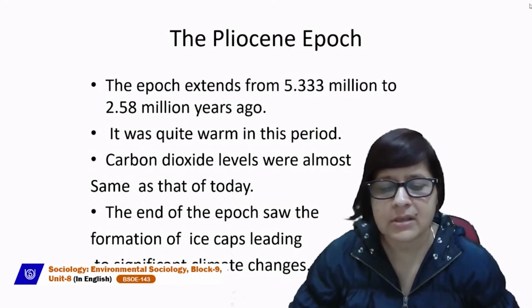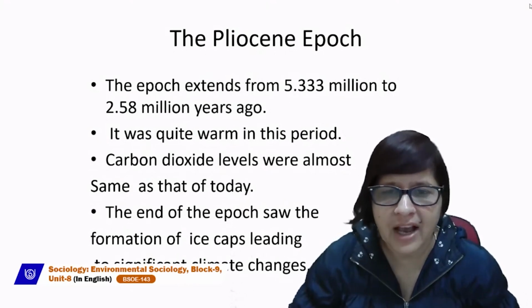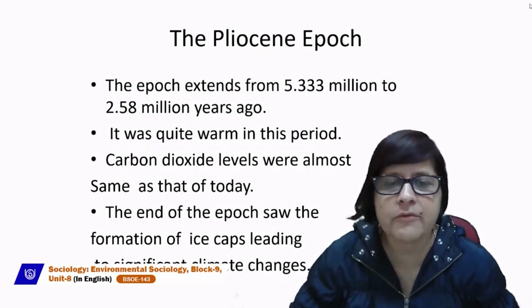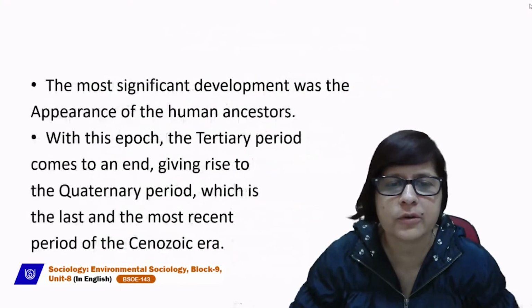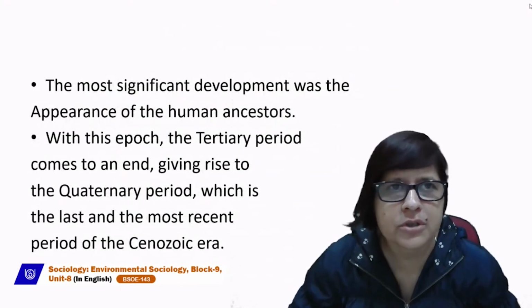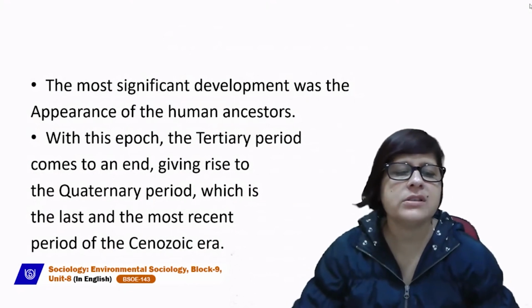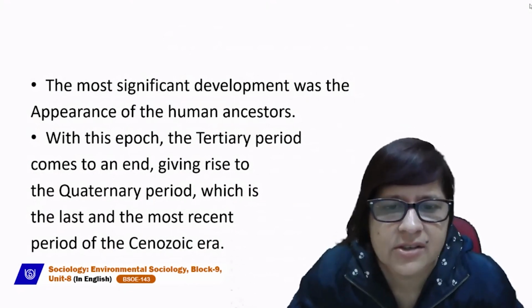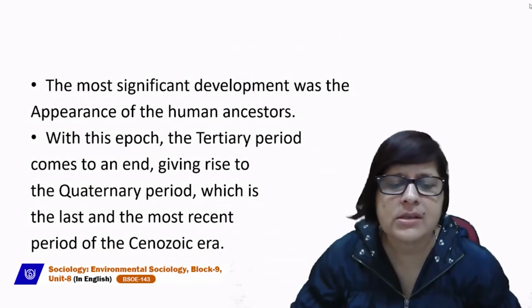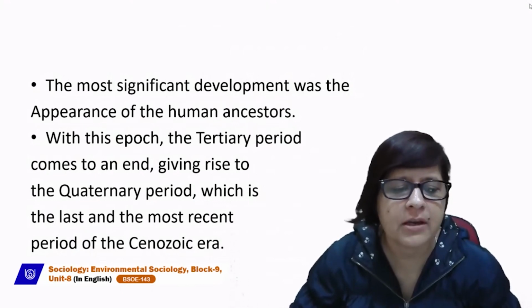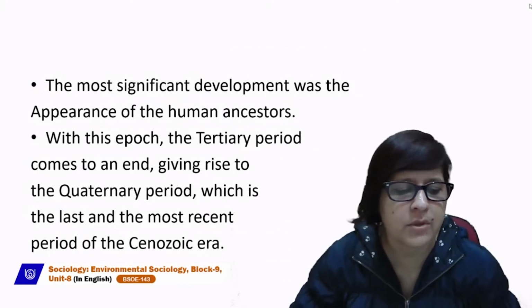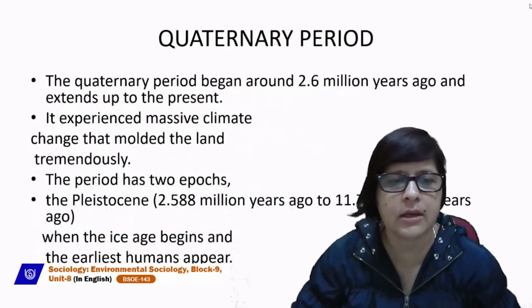The end of this epoch saw the formation of ice caps, leading to a significant climate change. The most significant development was the appearance of human ancestors. With this epoch, the Tertiary period comes to an end, giving rise to the Quaternary period, which is the last and most recent period of the Cenozoic era.